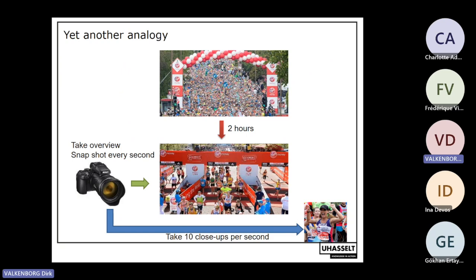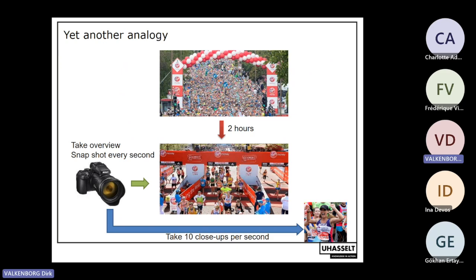So keep in mind that this is an ongoing process, lasting for 2 hours, taking photographs. That takes only a few seconds. So a difference in timing is also the case in LC-MS, liquid chromatography and mass spectrometry.